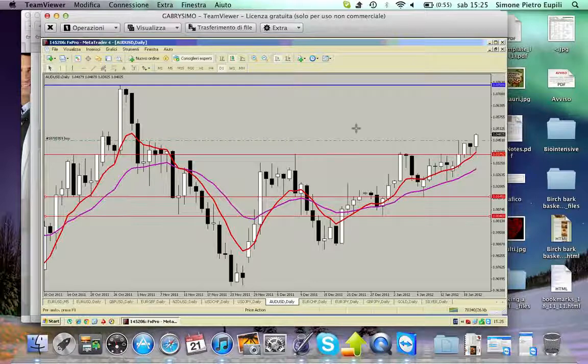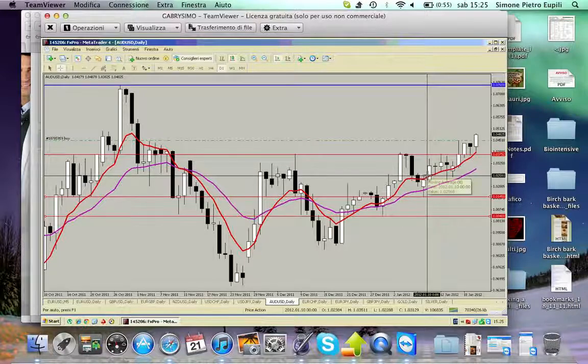As you can see, we are always under our target, and entering at the break of this bar we were going to risk 120 pips to make the same amount, so it's not a good risk reward to take this trade.